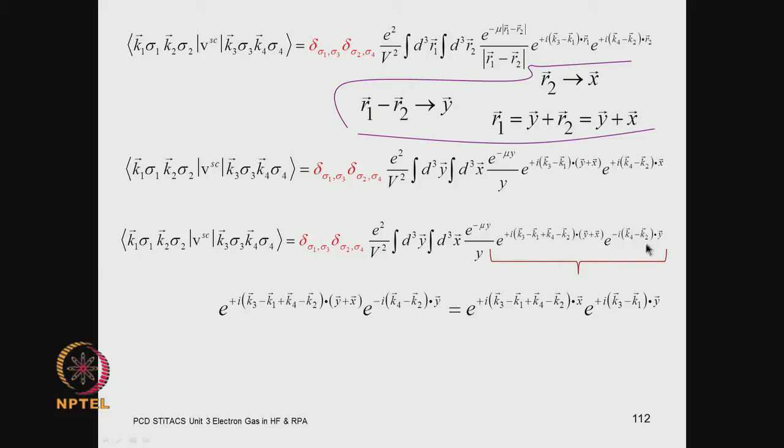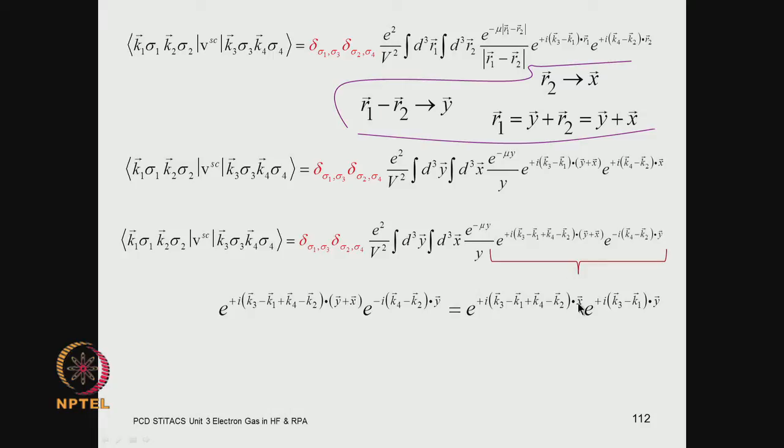this particular term we can again separate out into those parts which contain x alone and those parts which contain y alone. So you just separate out the factors. This makes it very easy to handle these terms. So I have now separated the terms because the first exponential term has got y plus x.